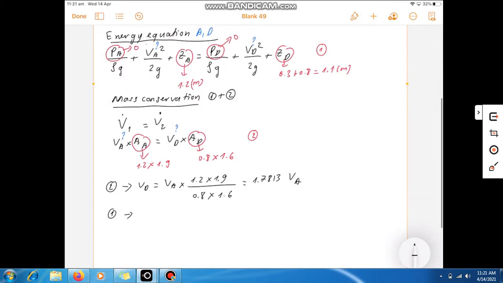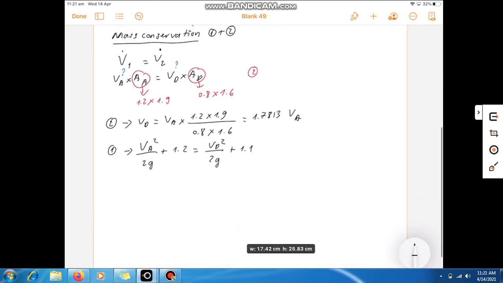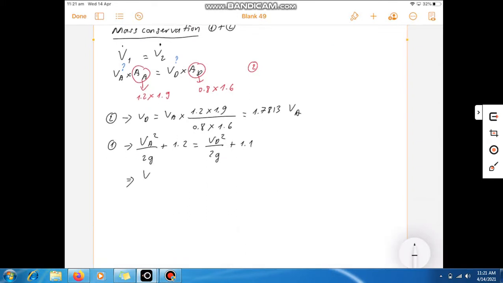In equation 1, because PA and PD are 0, we can ignore the pressure energy, PA over rho g and PD over rho g. So on the left hand side we only have VA squared over 2g plus 1.2, equal to VD squared over 2g plus 1.1. So 1.2 minus 1.1 is 0.1, equal to 1.7813 squared times VA squared over 2g, minus VA squared over 2g.